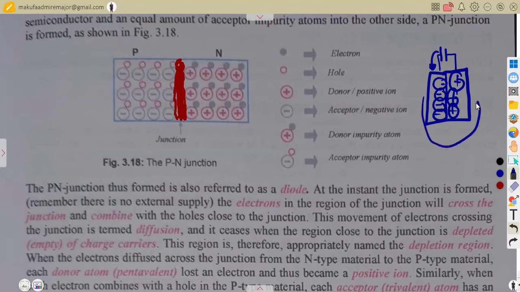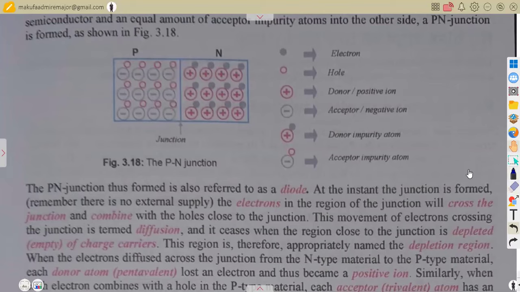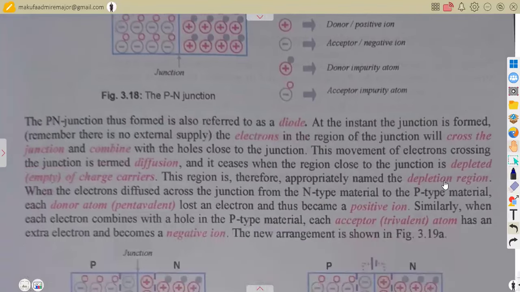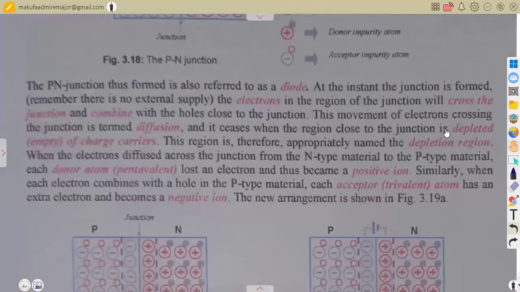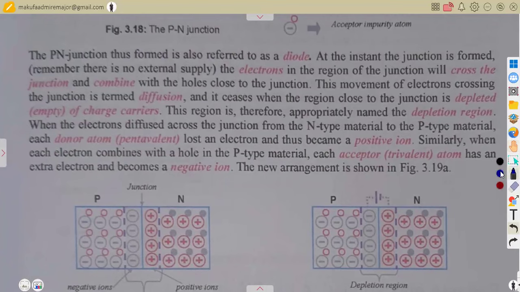So meaning to say we're going to have the movement of what? The movement of current also. So this is what I want you to have. It's actually the PN junction. It's actually a diode. This is the diode application. So the PN junction that's formed is also referred to as a diode.